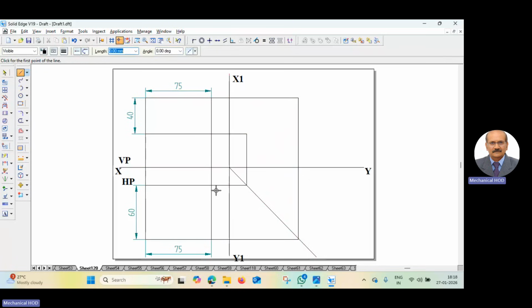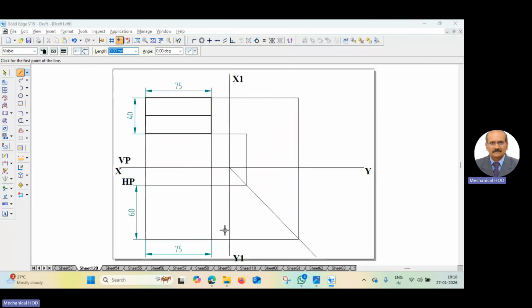Now within this 40, the maximum dimension in the front view is 75 by 40, right? Make it dark. Make it dark.